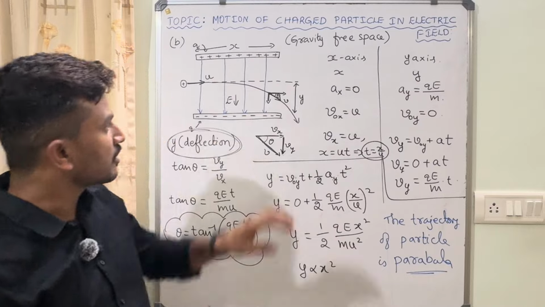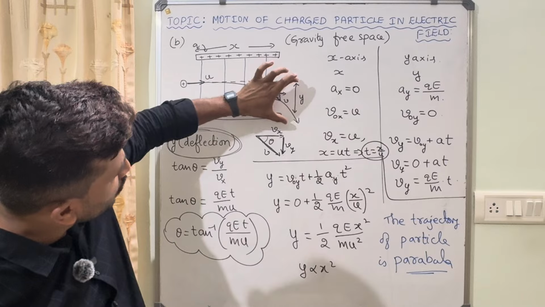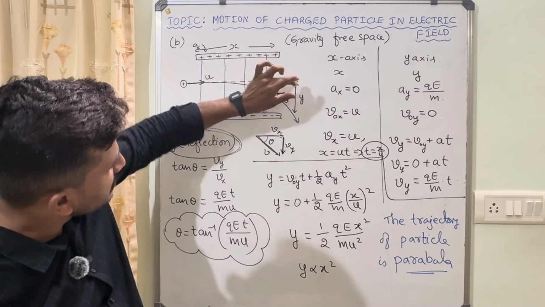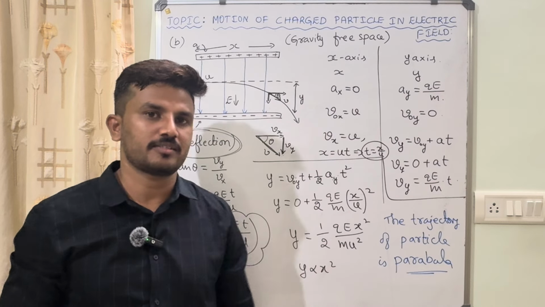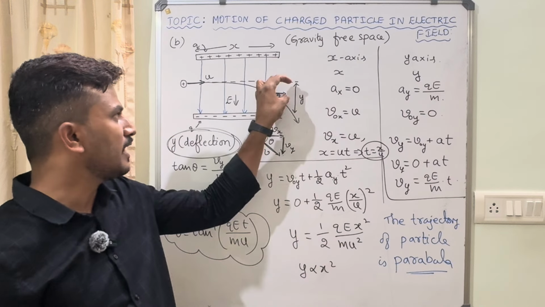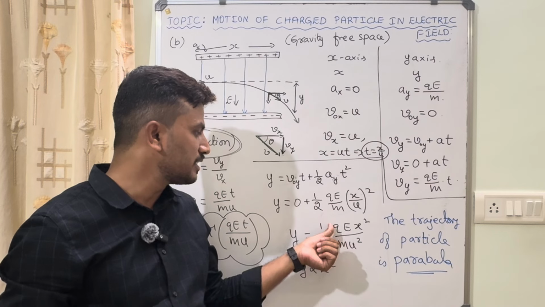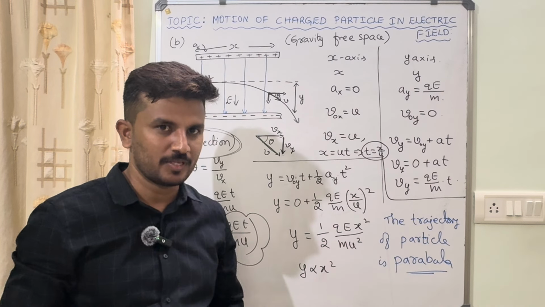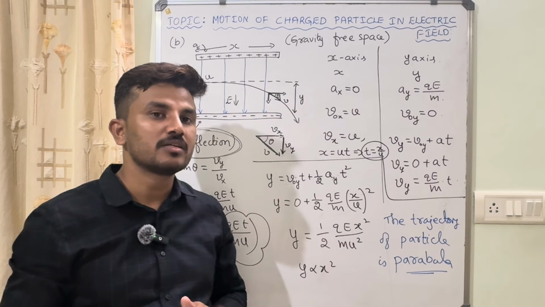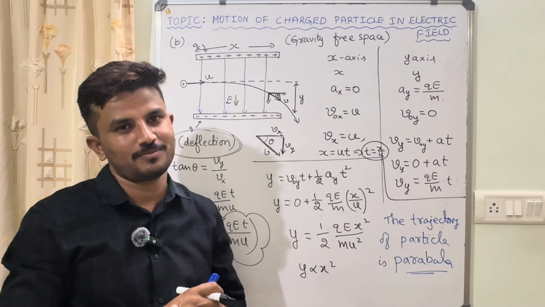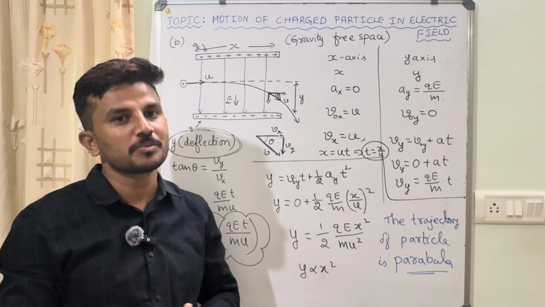So then, sir, if y has to be more or less, which factors matter a lot? If y has to be more or less, it depends on the ratio q by m. Q by m is called the specific charge.